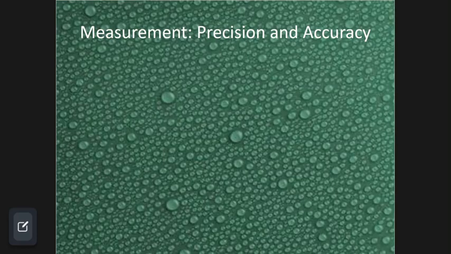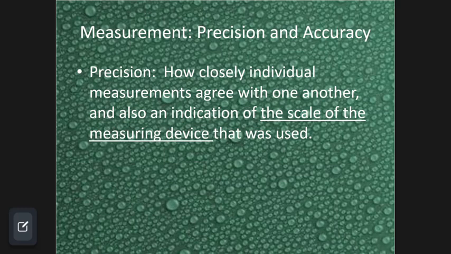All right, for a quick review: precision and accuracy. Precision is a reference to how closely an individual measurement agrees with another individual measurement, and it also indicates the scale of the measuring device that was used.